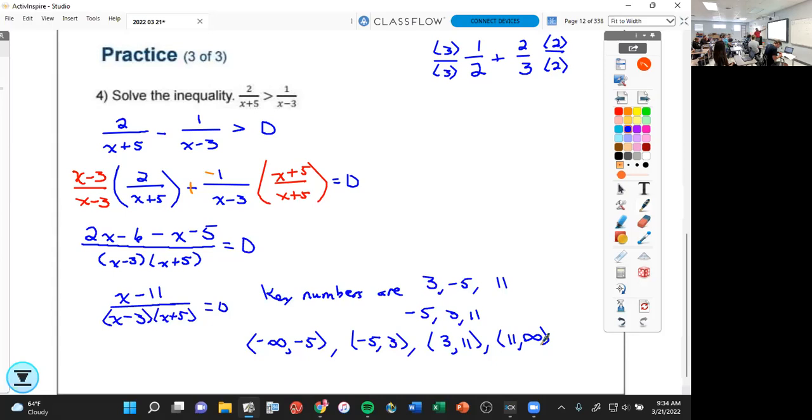Okay. And I want the left side to be bigger than the right side. So a number between negative infinity and -5.